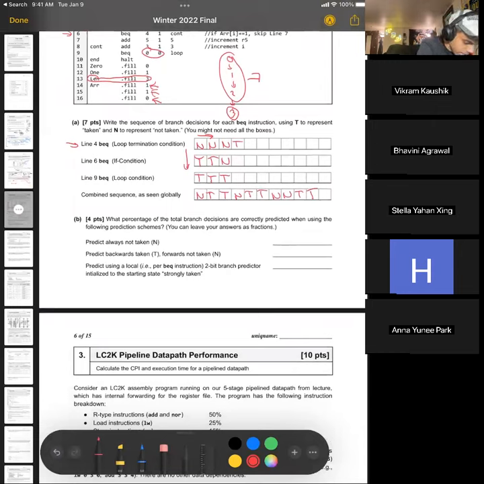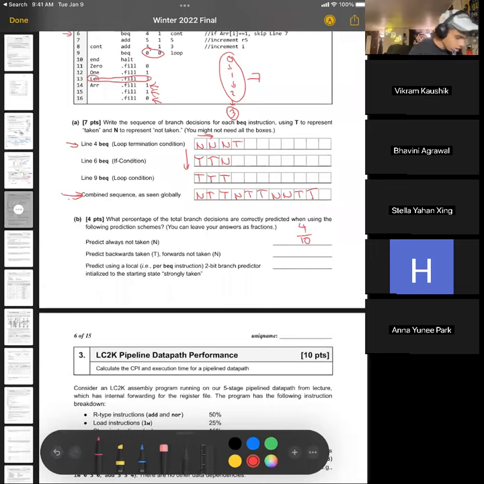If we predict always not taken, we look at the combined sequence and how often branches are taken versus not taken. We have a total of 10 accesses, so we divide by 10. The number of times they're not taken is 1, 2, 3, 4. So 4 out of 10 times we correctly predict it.